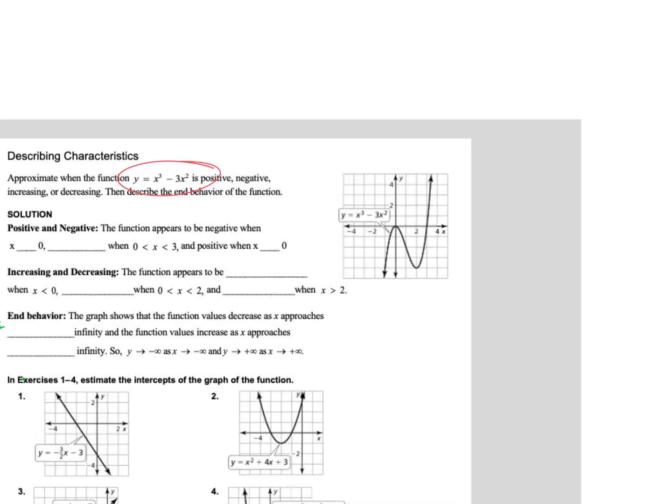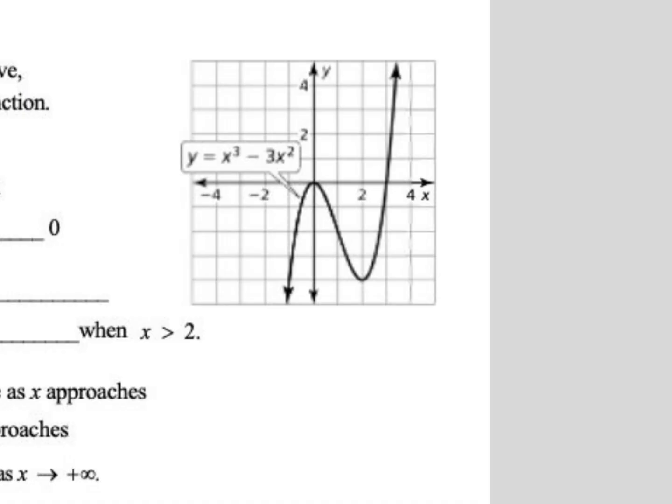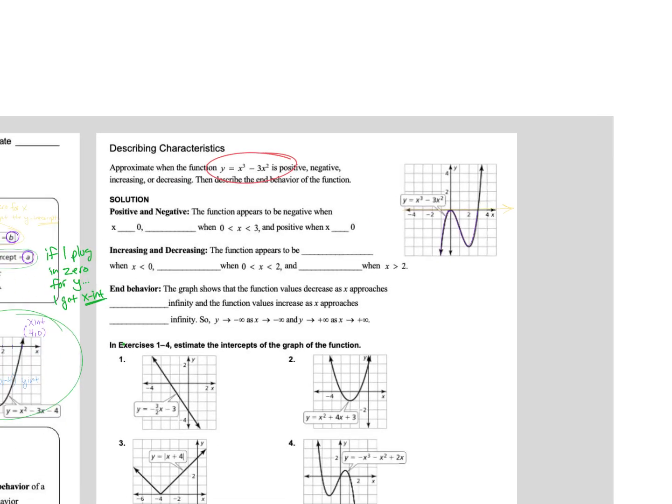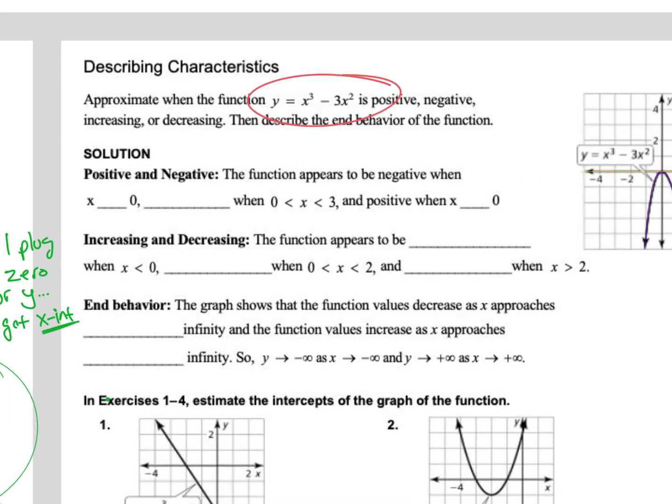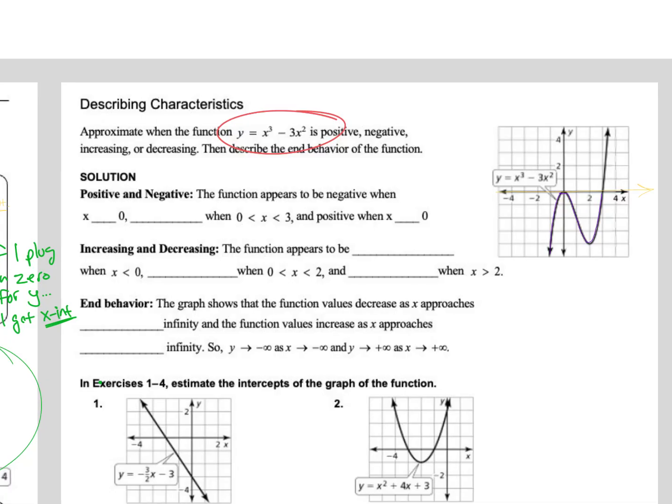All right, so first of all, I'm going to draw our line, our x-intercept, and what I'm going to say is we are negative, negative, negative. The function is negative when x is less than 0, and also negative when x is between 0 and 3.